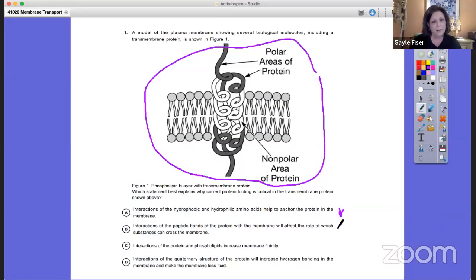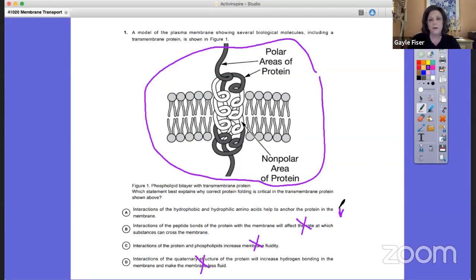No. All right, interactions of the protein and phospholipids increase membrane fluidity. No. And interactions of the quaternary structure of the protein will increase hydrogen bonding in the membrane and make the membrane less fluid. No, that's not what's happening.